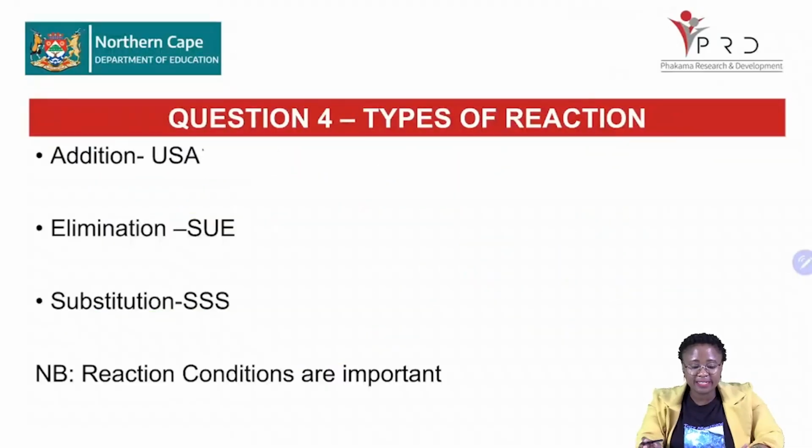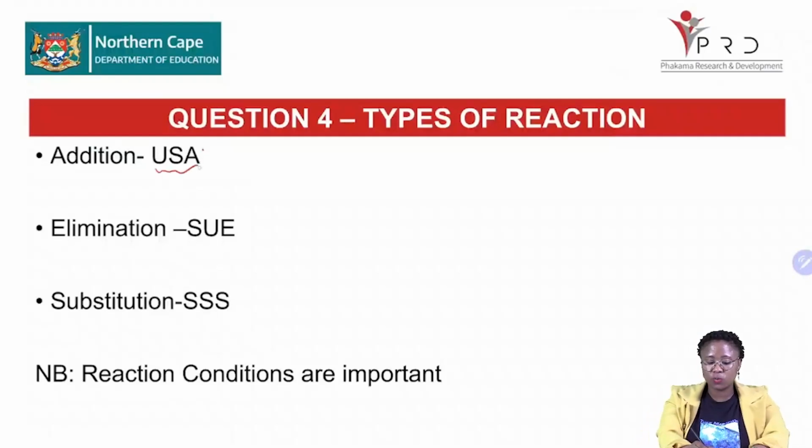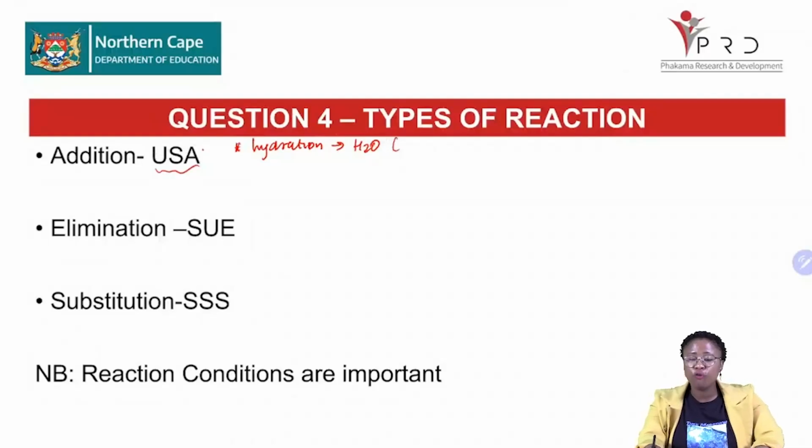Yes, guys, now let's remind you of the different types of addition reactions, because we already know what the abbreviations mean. The first one is hydration. With hydration, we are adding water. What is the reaction condition for hydration?